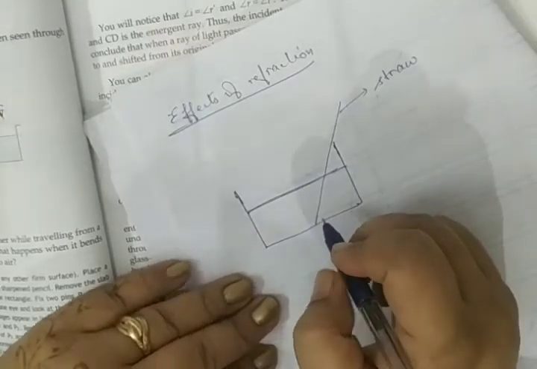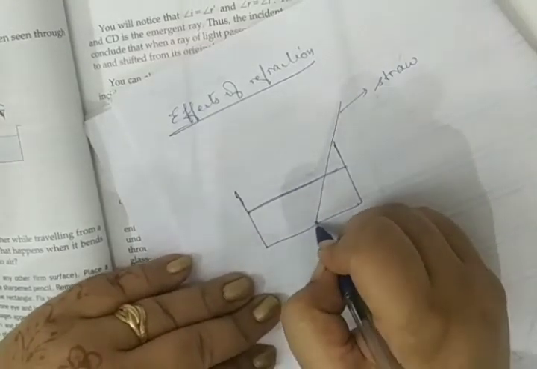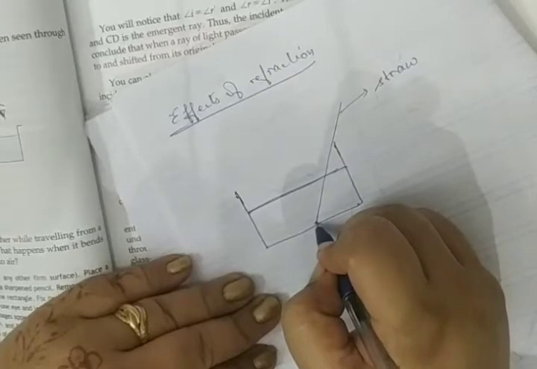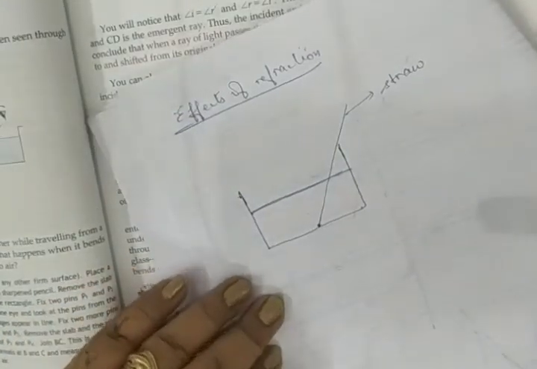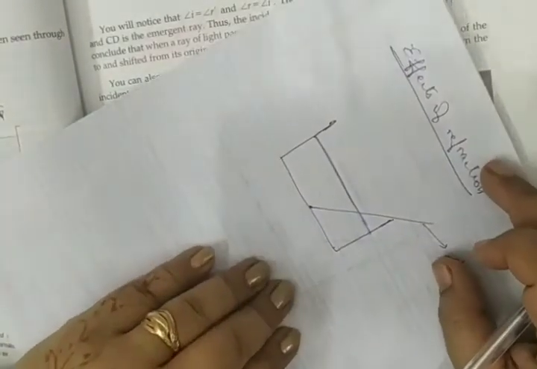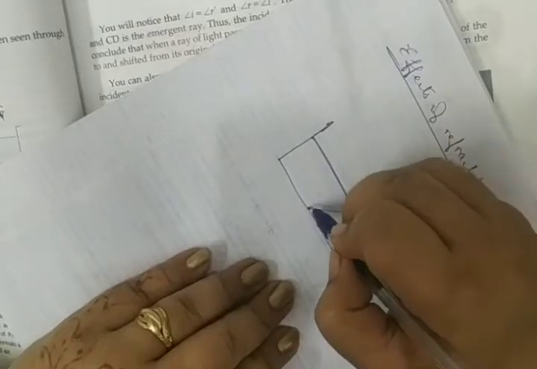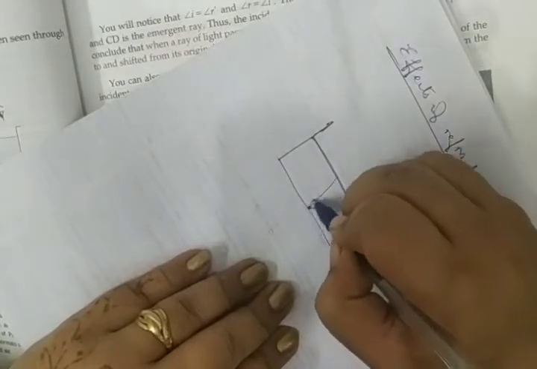Now let us talk about this end of the straw. We will be able to see this end of the straw only when we see the rays coming from it. So suppose these are the two rays coming from this end.